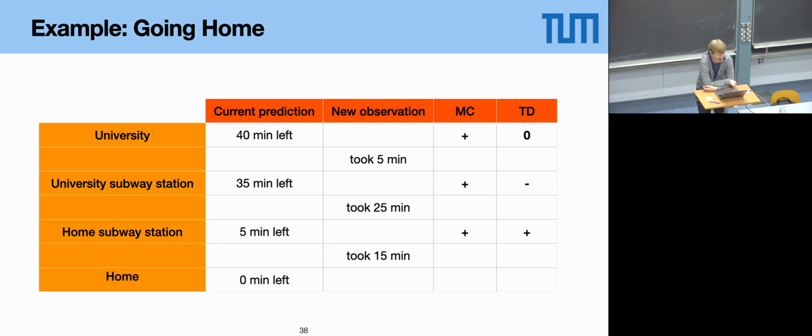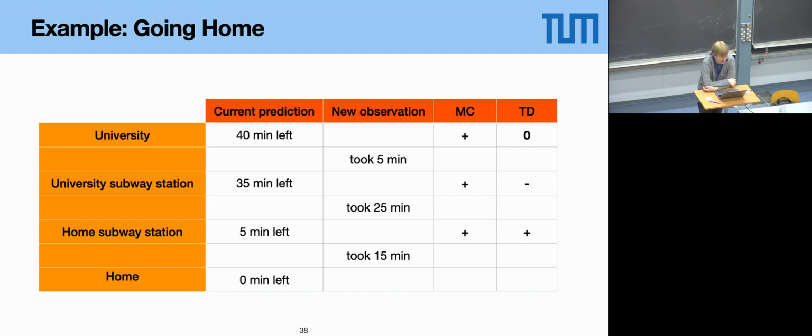Then in the next step, when you take the subway ride, the model basically predicts it takes 35 minus 5 minutes, so 30 minutes. And what it actually took was 25 minutes. So in order to make that more consistent, temporal difference learning would decrease the university subway station prediction.